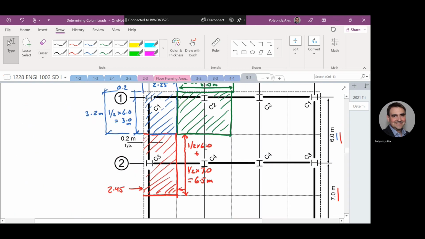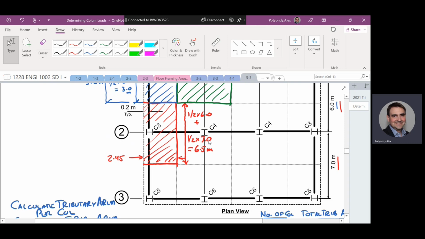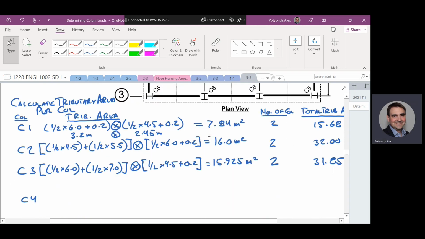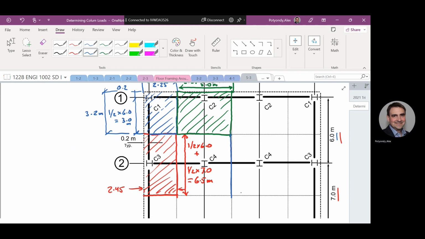All right. So I got 3 columns done. I got 3 more to do. So we're going to move on. C4, where is our C4? C4 is probably the simplest because it's an interior column. Now, since I have in this area some writing, I'm just going to do it in here. I'm going to switch back to blue. I'm out of colors. So this is the amount of area that C4 supports.